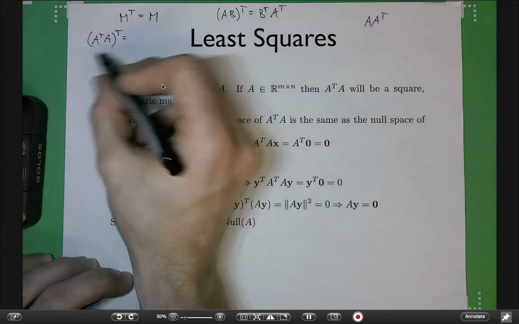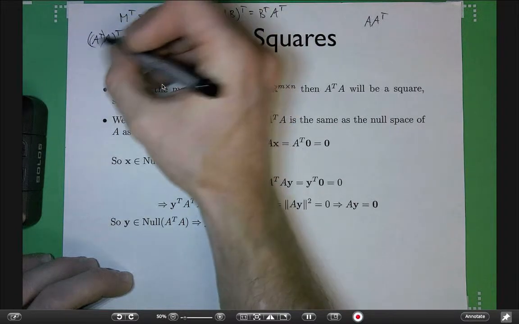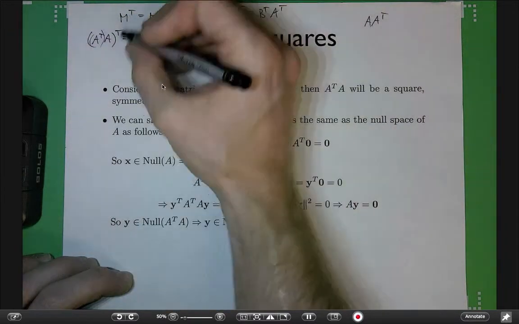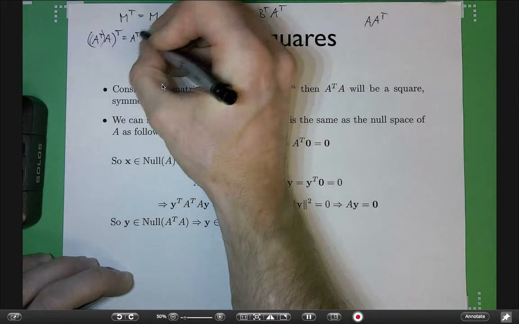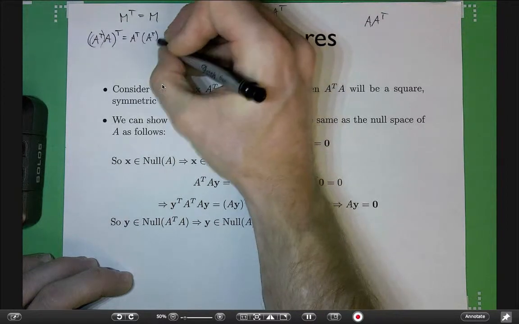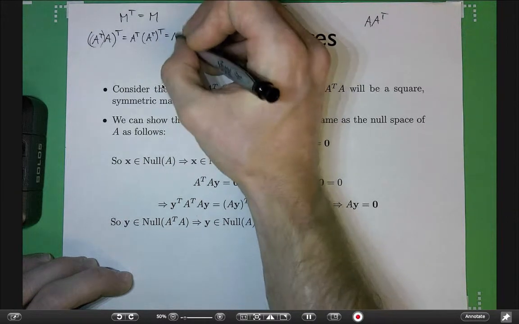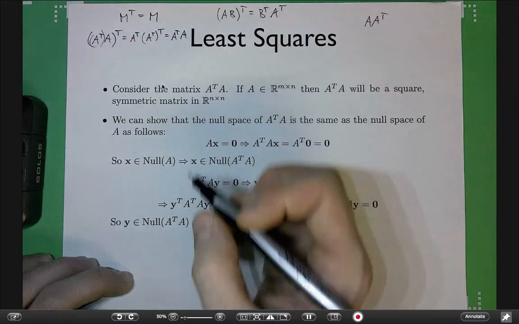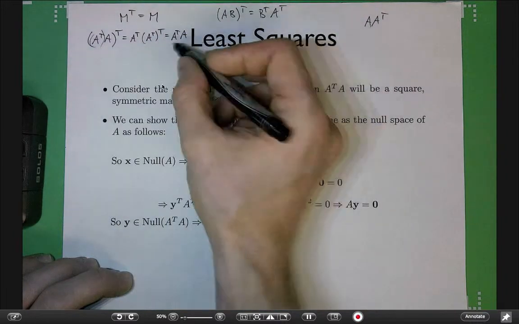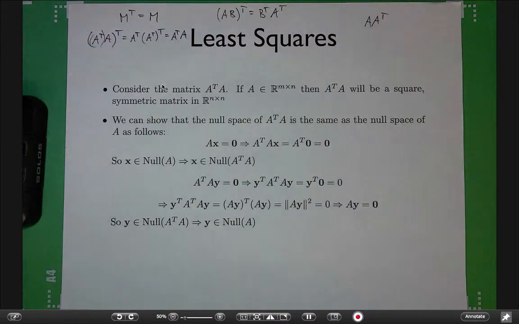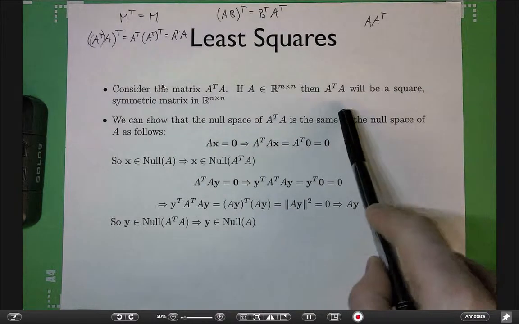So let me apply this rule here, where this is the first matrix and this is the second matrix. So I first transpose A, and then A^T transposed, but transposing twice just gives me the same thing back. So really (A^T A) transpose is just A^T A. So it is a symmetric matrix. Everybody agrees? Good. So it's square and symmetric, which is very nice.